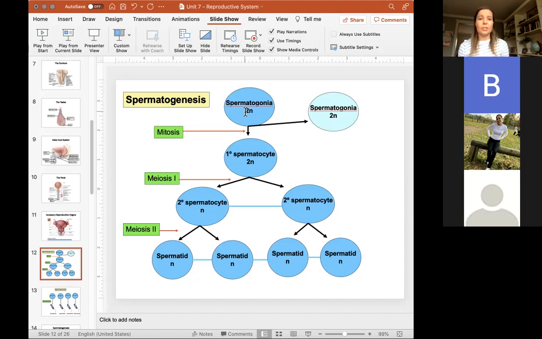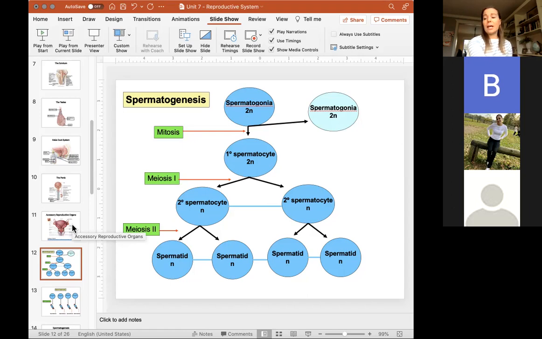So in all the early years, these just divide by mitosis to make new spermatogonia. Then at puberty, spermatogenesis begins. So with spermatogenesis, when the spermatogonia divide, after that point, they produce 2 distinctive types of cells. Instead of producing an identical spermatogonium, they produce either a type A cell or a type B cell.